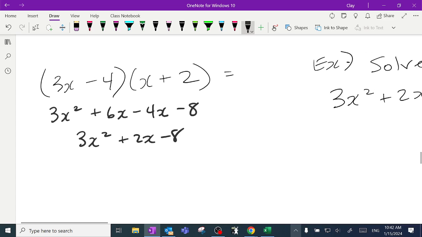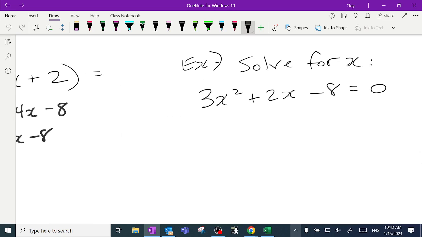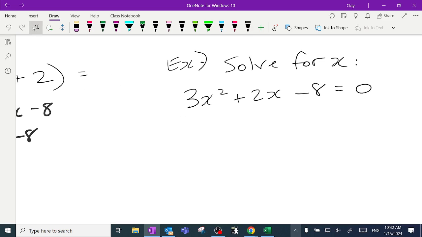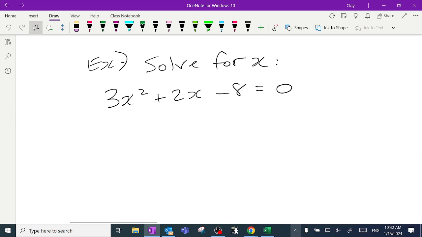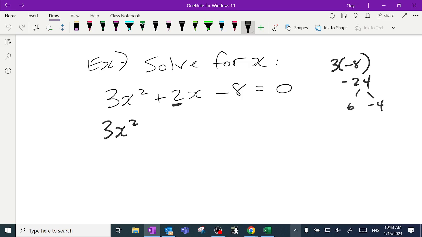So now if I was going backwards and I was trying to solve for x in that equation, I'd go, what 2 numbers multiply to make -24 but add to make 2? And oh yeah, that's 6 and -4. So I decompose. This is called the decomposition method.